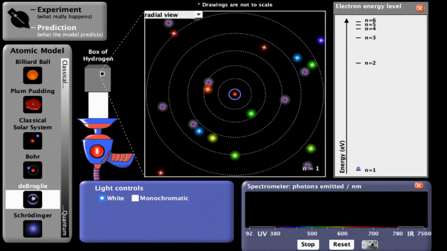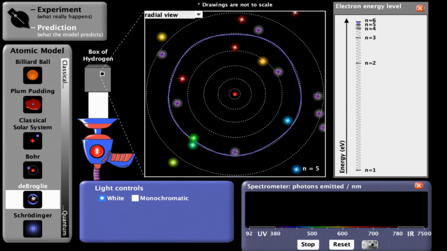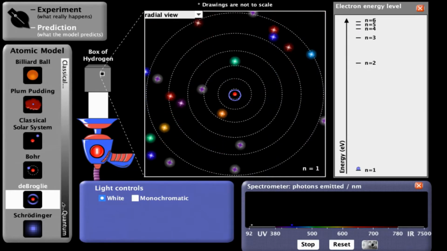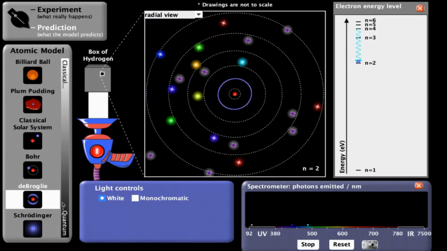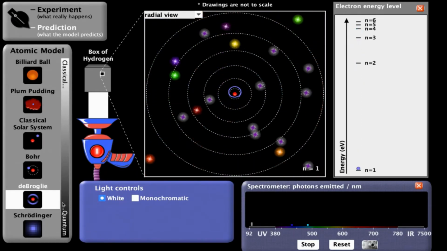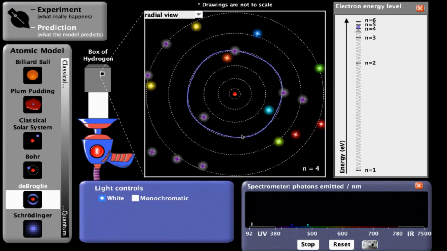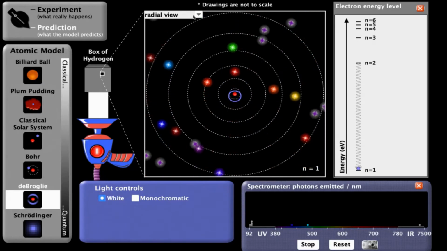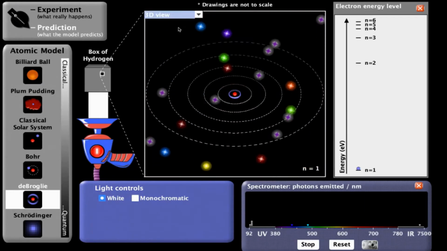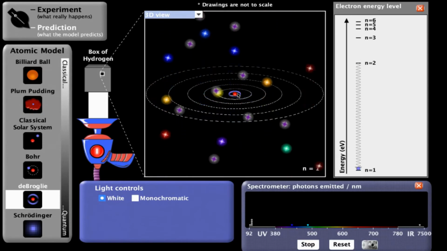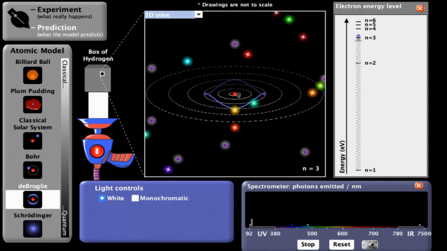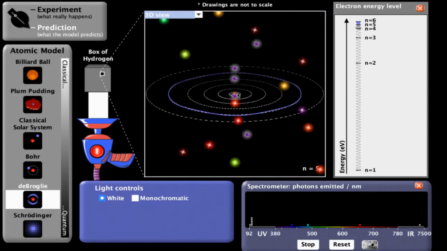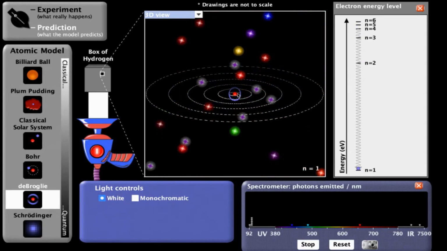So what we have here is a more quantum view of electrons and the atom. Instead of having one nice little package of negative charge as our electron, we have this area, this band. If we have a look at it from 3D, we'll notice that it's wiggling. This is the movement of our electron or our charge.